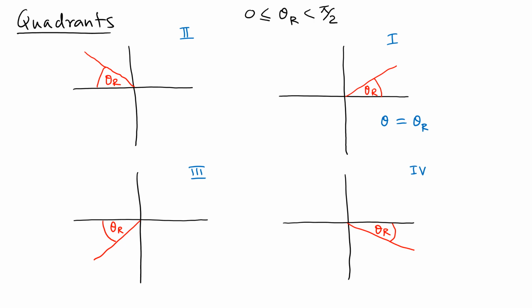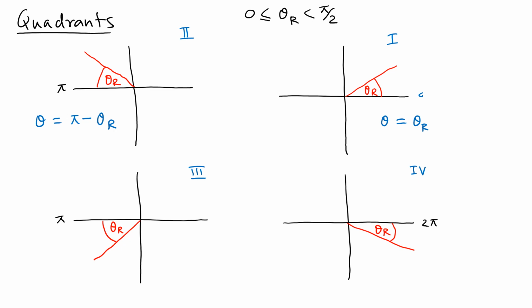Here this is 0, this is pi, this is also pi, and this is 2 pi. So in quadrant 2, your value is simply theta equals pi minus the reference angle.